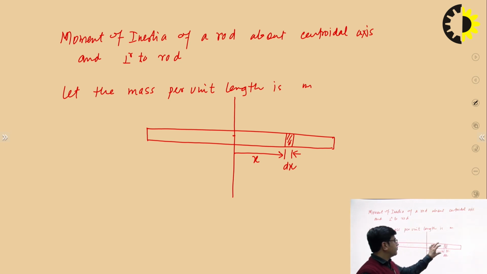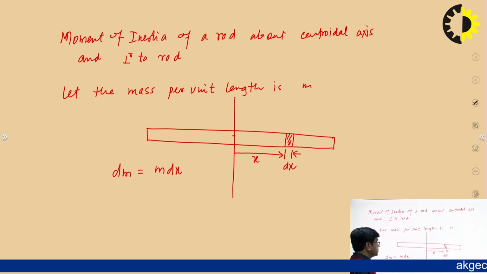So, very easily I can find the mass of this element, and this is nothing but m dx. So, here I will write dm equal to m dx, because I have already considered mass per unit length is m. So, mass of this small length dx is m into dx.